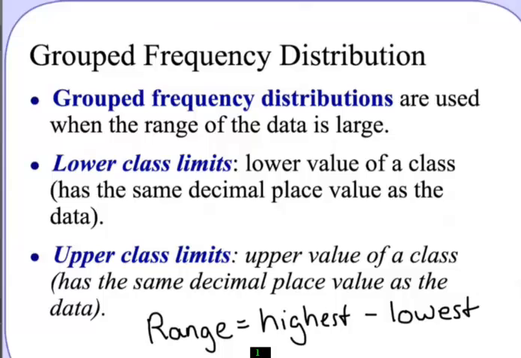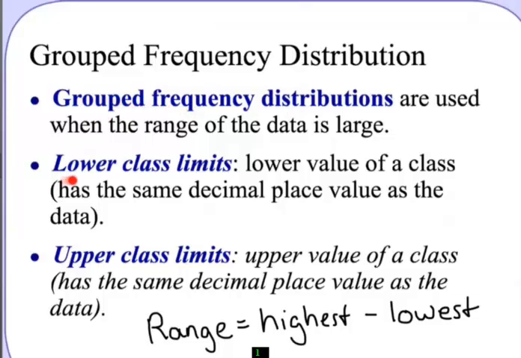So if my range is only 2 or 3 points, I want to do something just like what I did for the categorical. But if my range is 35, 50, even 20, and especially if it's in the hundreds, I want to use what we call a grouped frequency distribution.